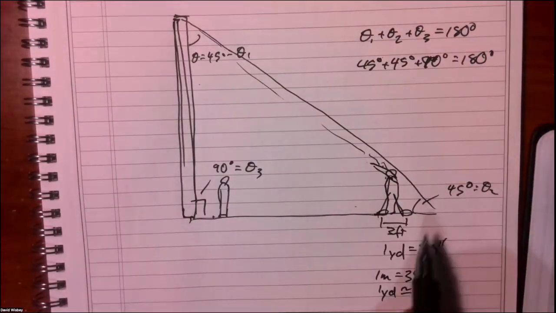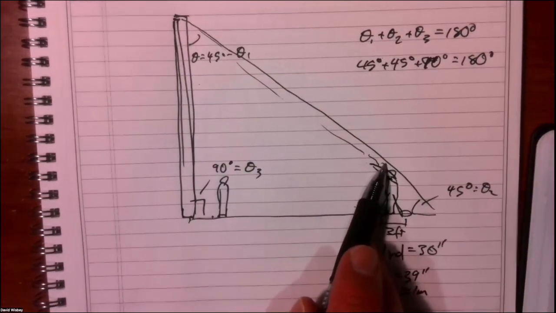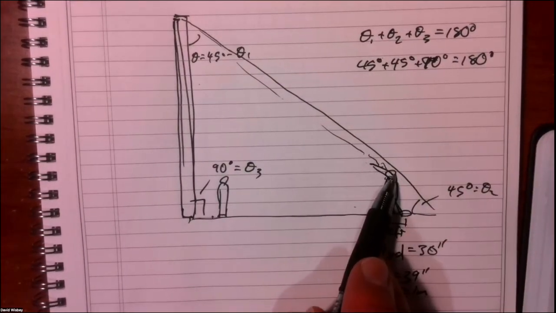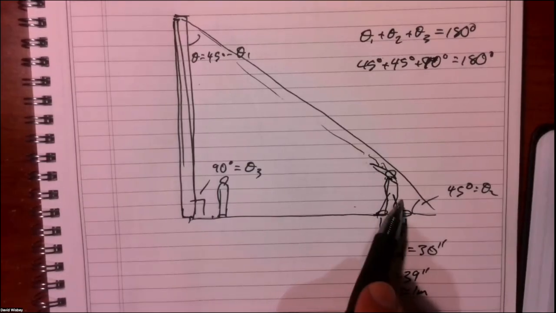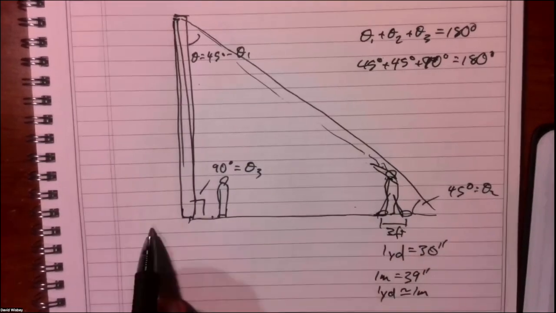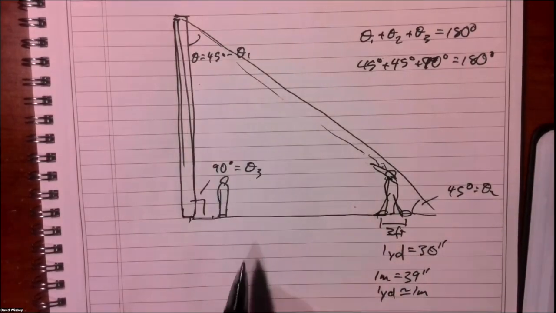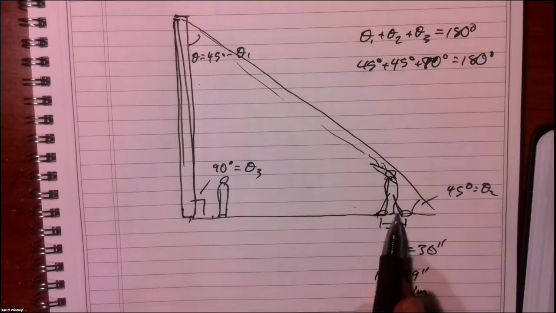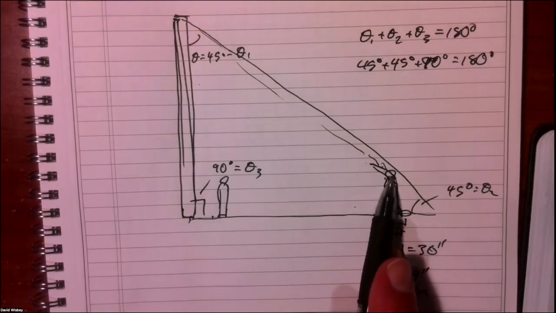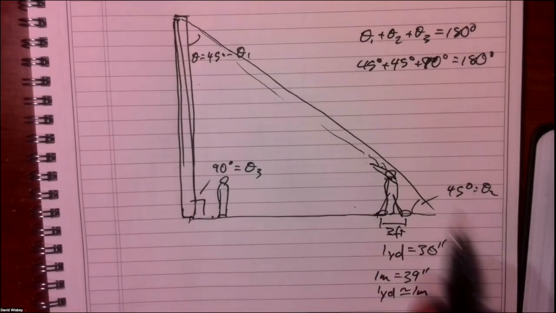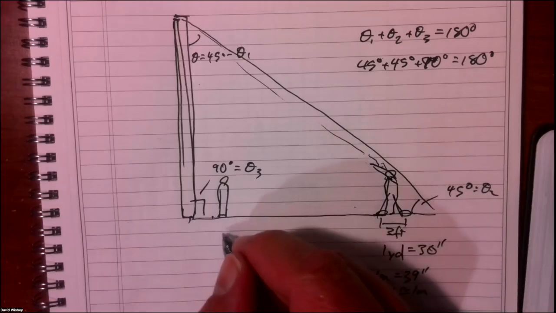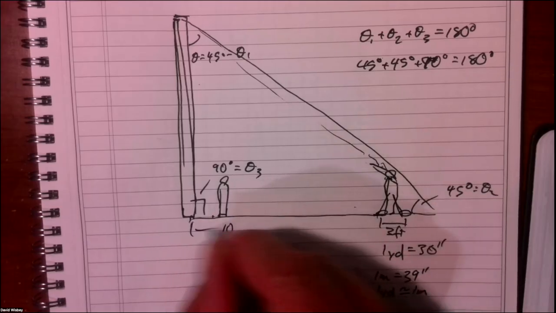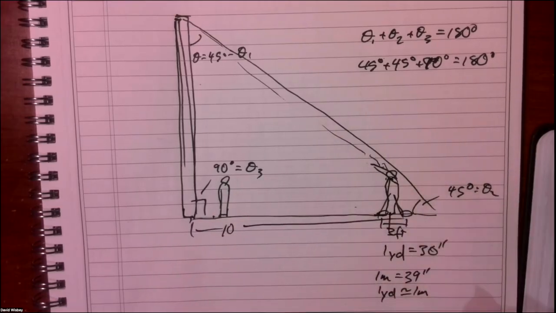If that's a 45-degree angle, then the base of this side has to be as long as the height of the thing I'm trying to measure. I was 10 meters away, and my arm is about 1.5 meters off the ground.